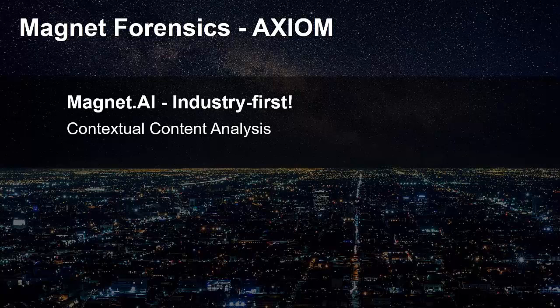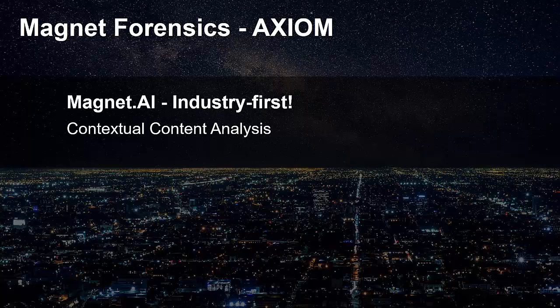And we wanted to help our users drill down, or at least filter down to the most relevant chat threads as quickly as possible. You may have 100,000 messages in a case, tens of thousands of threads, and reviewing those by hand can be time consuming.